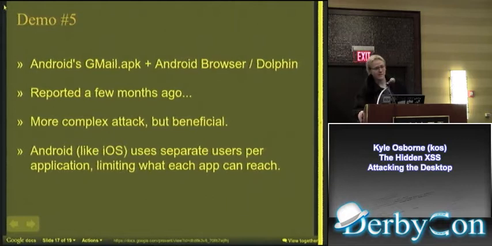So Gmail has some undisclosed XSS. Well, actually, I take that back. It was disclosed, but it wasn't publicly disclosed until now. Basically, the from header is vulnerable to cross-site scripting. You inject some HTML into the from header of an email, and it is totally cool.